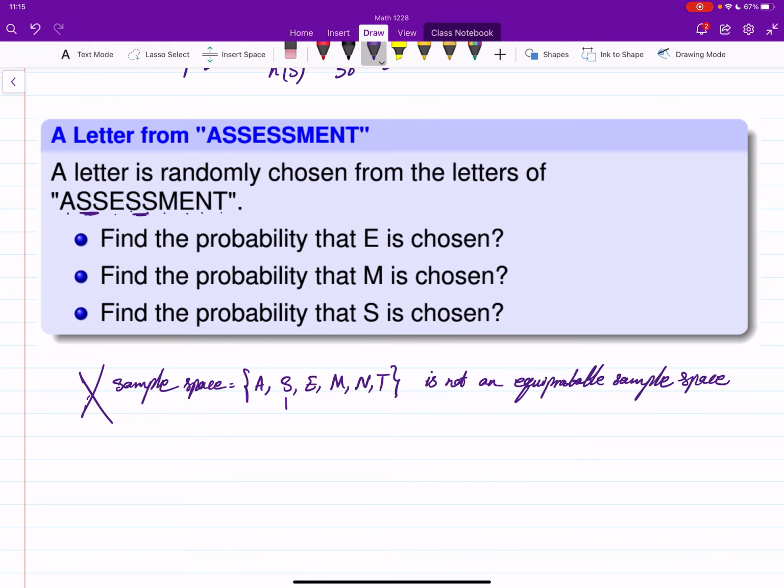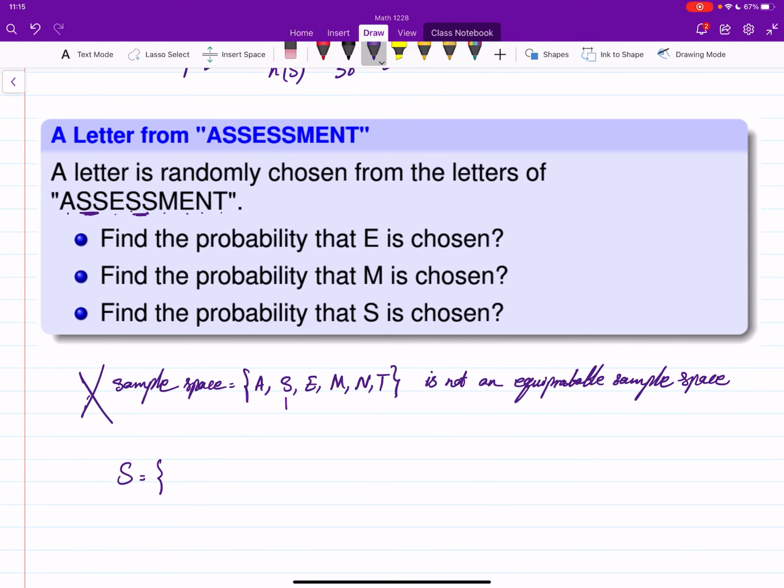We have to come up with another way of making an equiprobable sample space. Here, one way to do this is that my sample space can be the number of the letter chosen from the word.